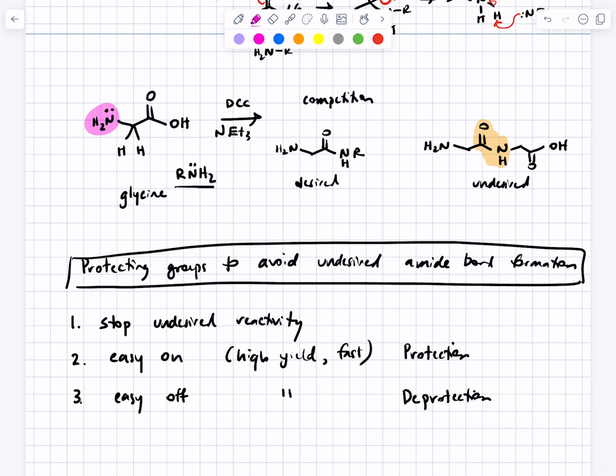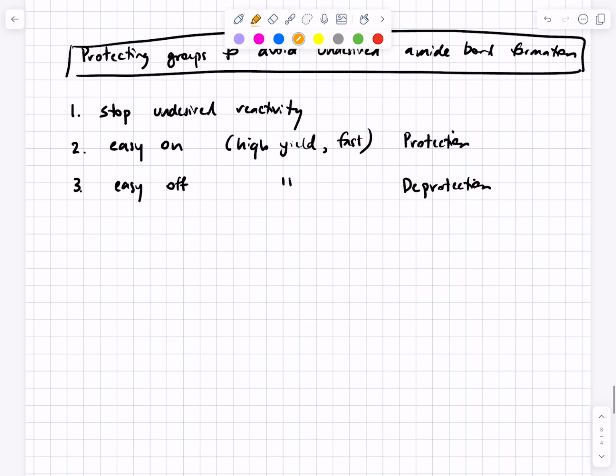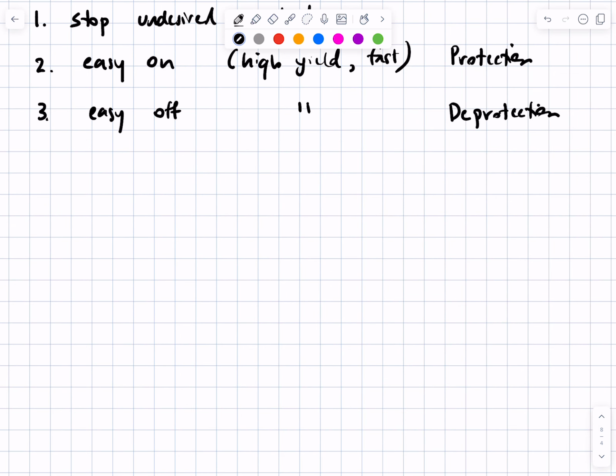And again, I told you we have two problematic groups with the amino acids. You've got the amine and you've got the carboxylic acid group. And so let's show you what some protecting groups are for amines.